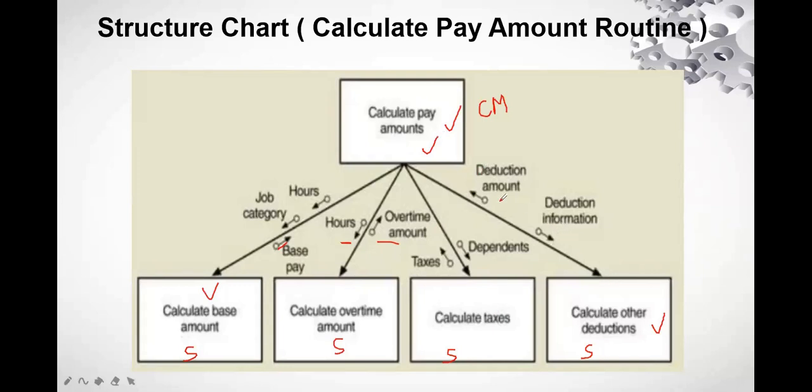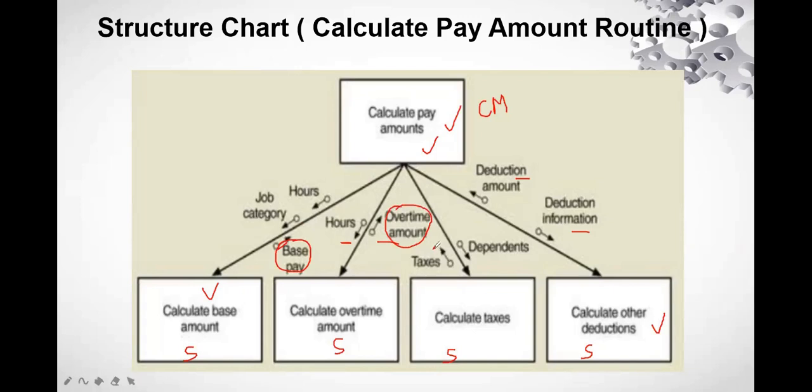It will get the deduction information, and what it will give back is the deduction amount. So finally, in this direction, it will receive the basic pay. Then it will receive the overtime amount.